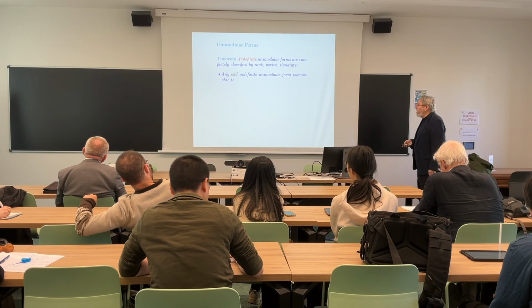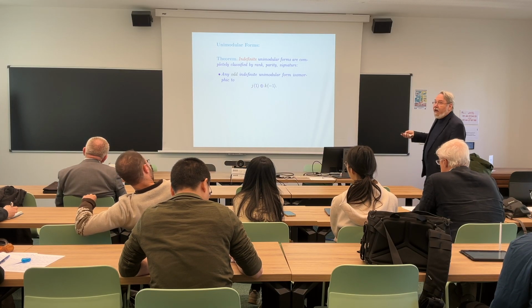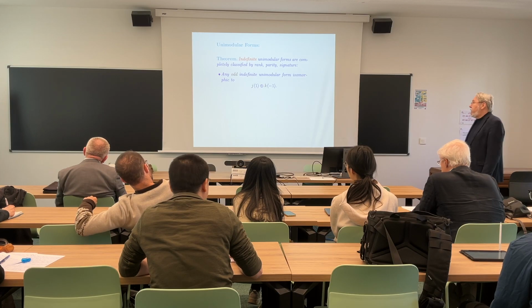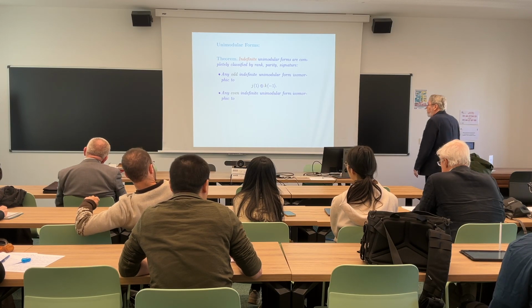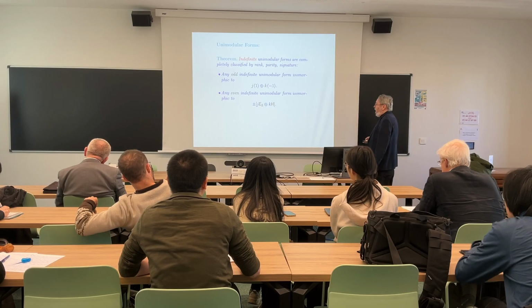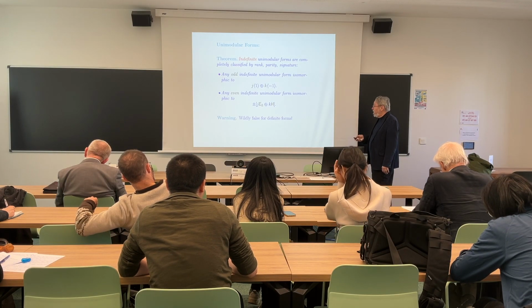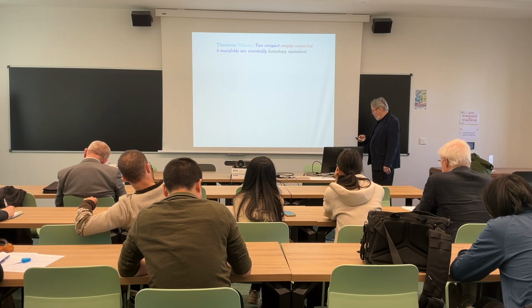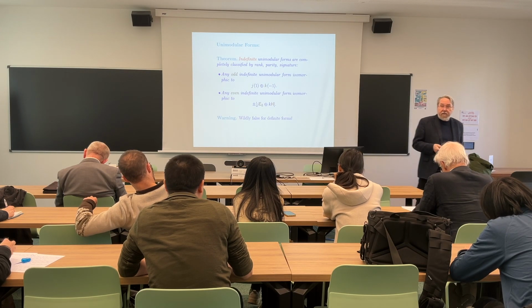So any odd indefinite unimodular form is isomorphic to the diagonal one we saw for the connected sum of CP2s and CP2 bars. Any even indefinite one, up to sign, is a sum of a certain number of copies of E8 and a certain number of copies of the intersection form of S2 times S2, that hyperbolic matrix.